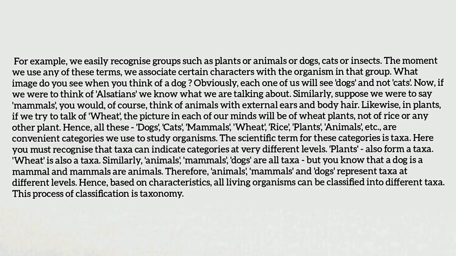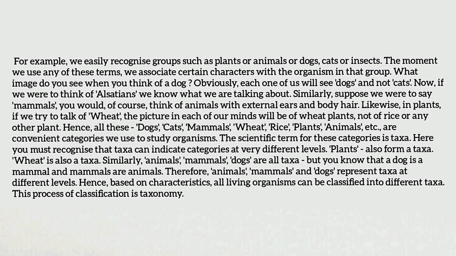Similarly, suppose we were to say mammals, you would, of course, think of animals with external ears and body hair. Likewise, in plants, if we try to talk of wheat, the picture in each of our minds will be of wheat plants, not of rice or any other plant. Hence, all these dogs, cats, mammals, wheat, rice, plants, animals, etc., are convenient categories we use to study organisms.